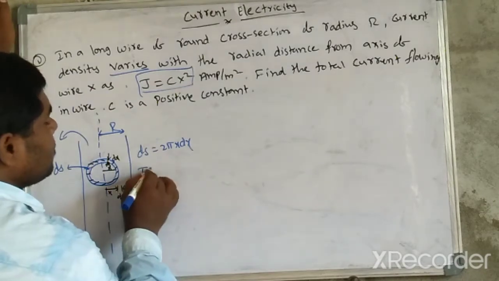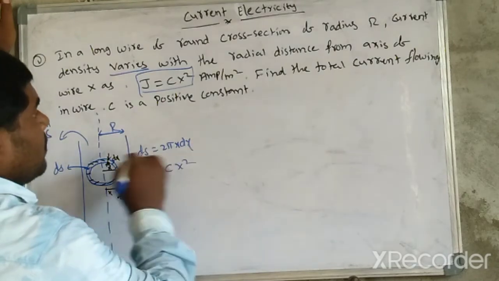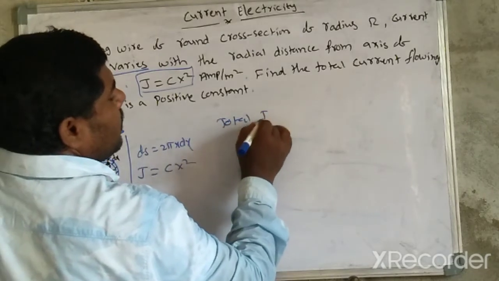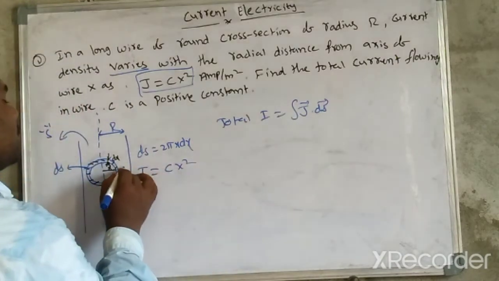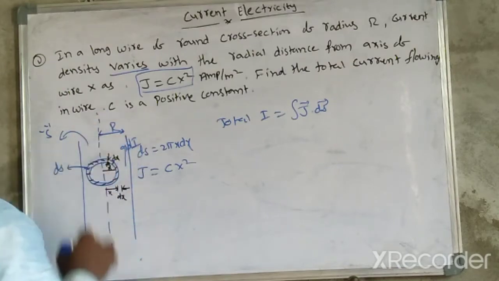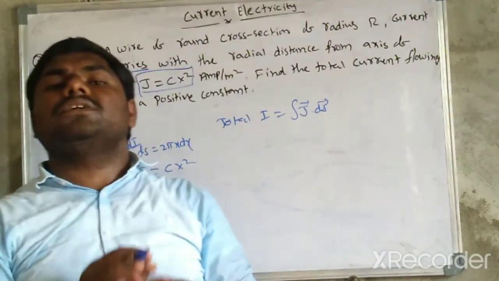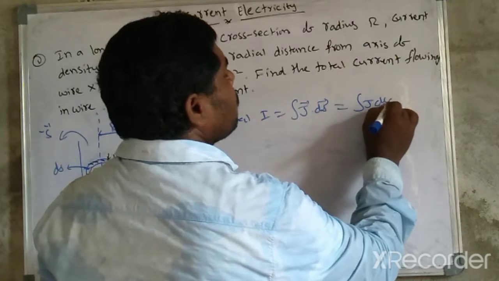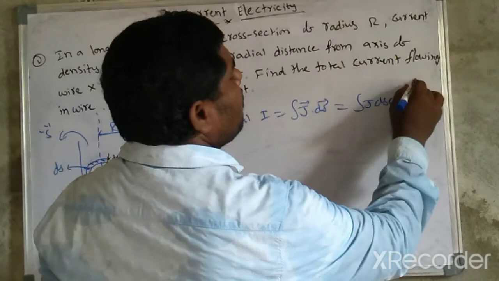The current density J is equal to C into x square, a variable current density. So the total current I is equal to integral of J bar dot ds bar. Here the current is moving in the upward direction, and ds bar and j bar are in the same direction, so the angle between j and ds is 0. J dot ds is equal to j ds cos 0, and cos 0 is 1.